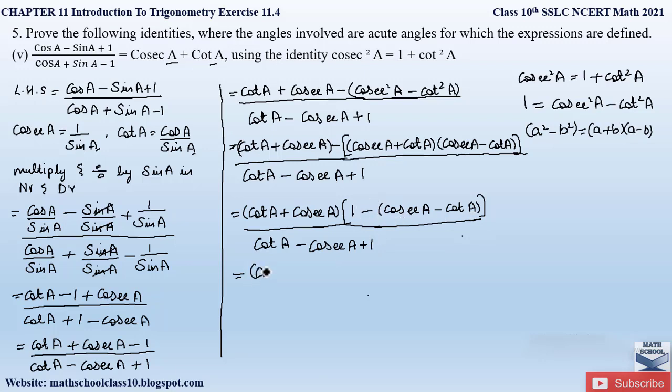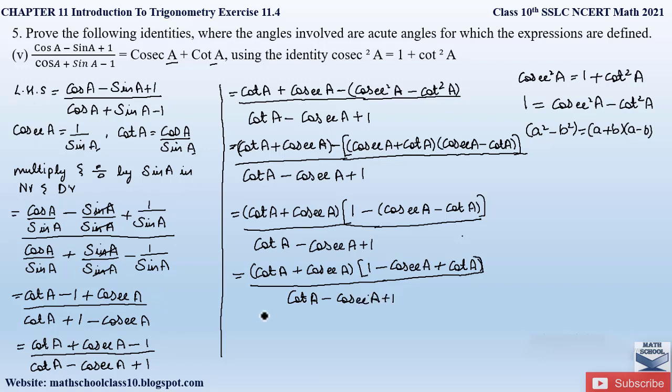So you will get cot A plus cosecant A into 1 minus cosecant A, opening the bracket, then minus into minus will become plus cot A, the whole divided by cot A minus cosecant A plus 1.